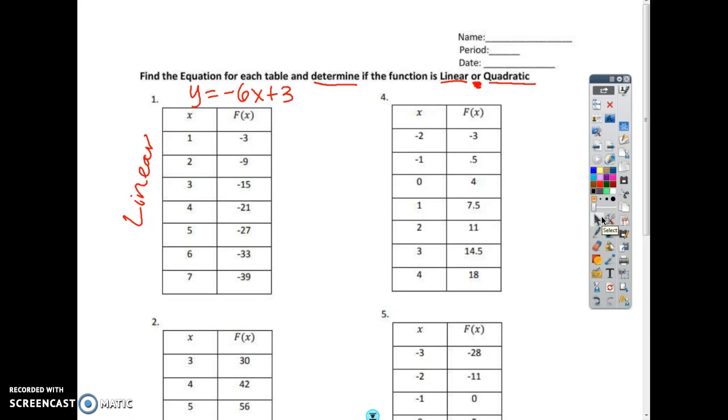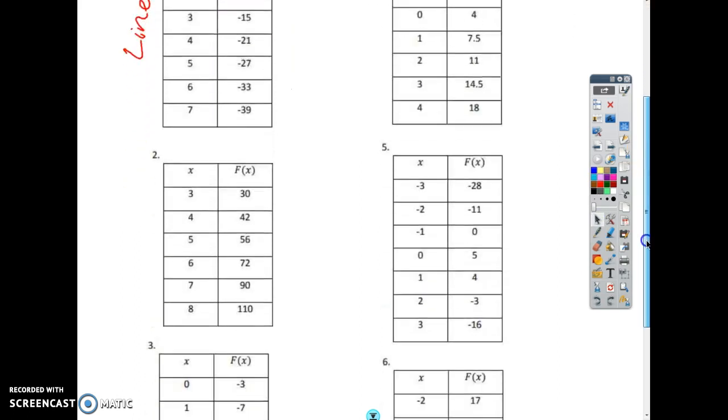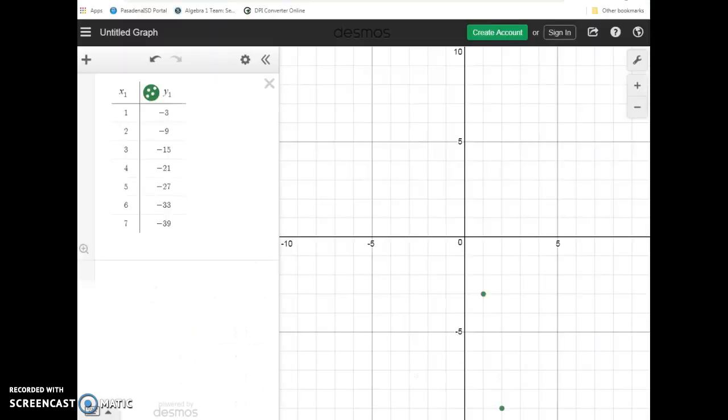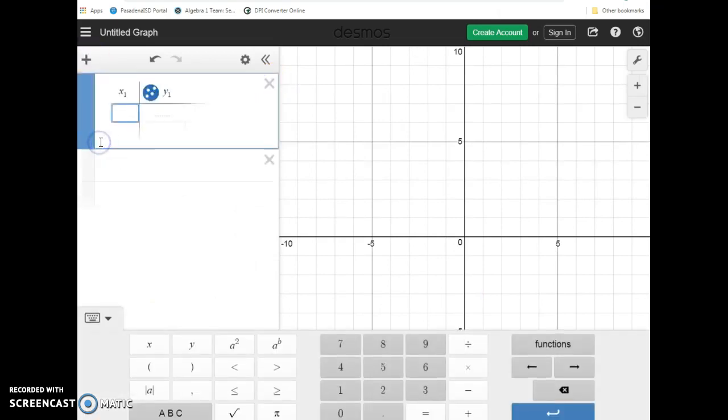Let's do number 5. Type that in there. El número 5. Type that in there in Desmos, and let's look if it's linear or quadratic. So add a table. Type the numbers. -3, enter. -2, enter.